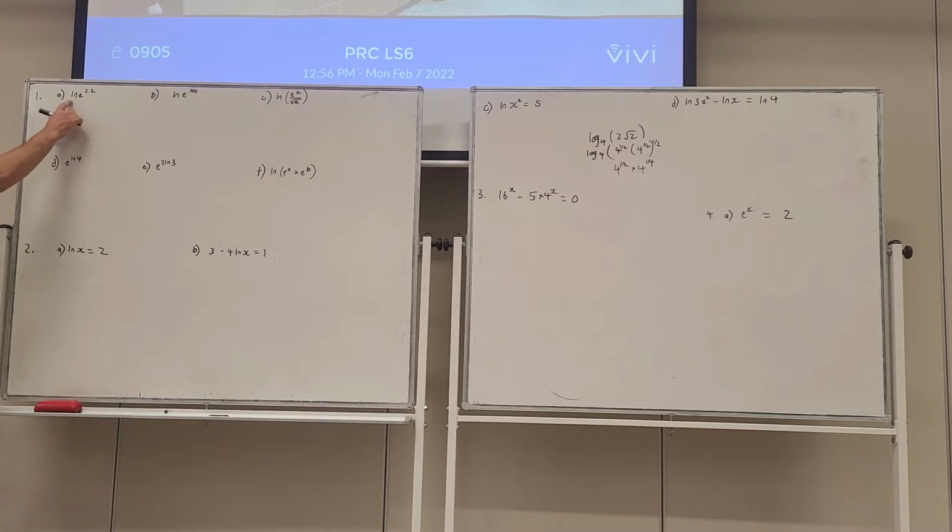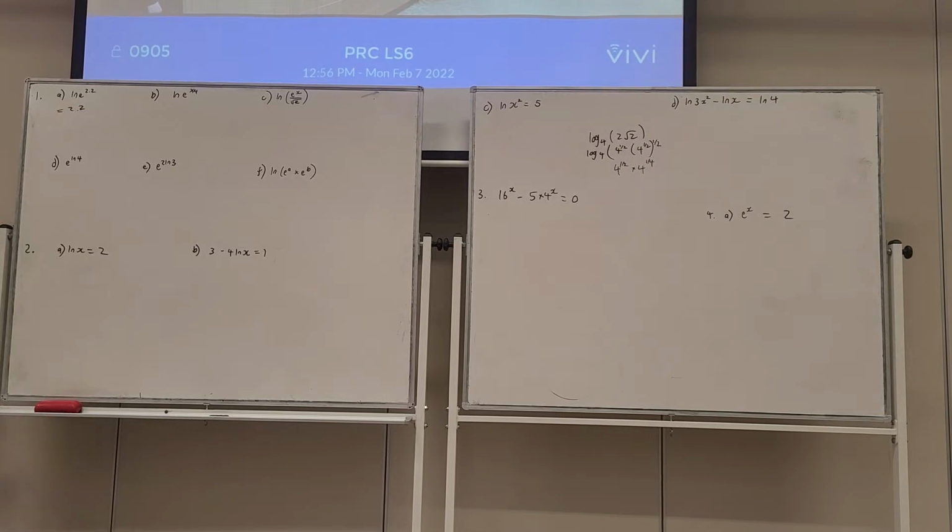So if we have ln of e to the 2.2, because we have expressed this number as a single power of e, it just simplifies to be 2.2. Okay, in the next one we have ln of e to the x on 4.